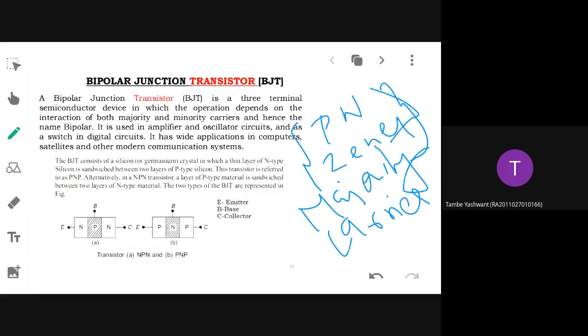But if you want a device which can operate with both majority and minority charge carriers, that is with both electrons and holes, that type of device is called a bipolar junction transistor, and here the current can flow in both directions. That is how the name comes.